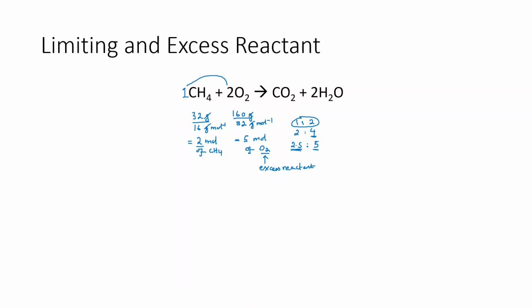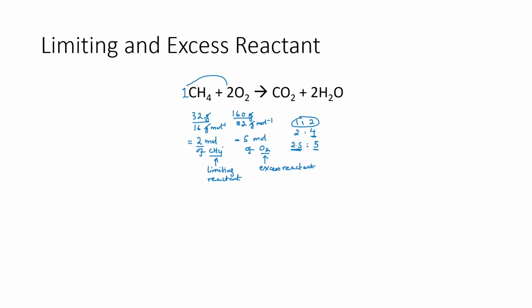We have fewer moles of methane than what we require for all of the oxygen to completely react, so methane becomes our limiting reactant. And the importance of the limiting reactant is that the number of moles and the mass of each product will be defined by the moles of limiting reactant, right?